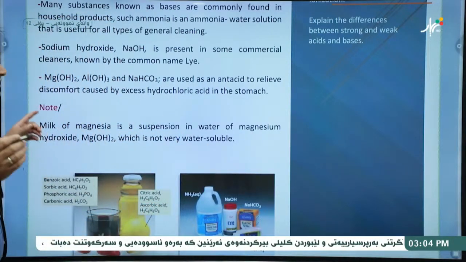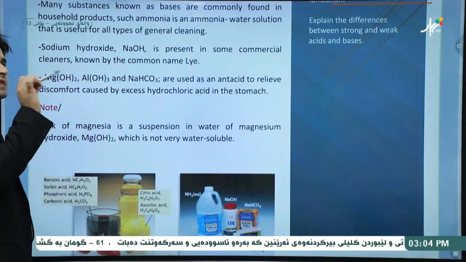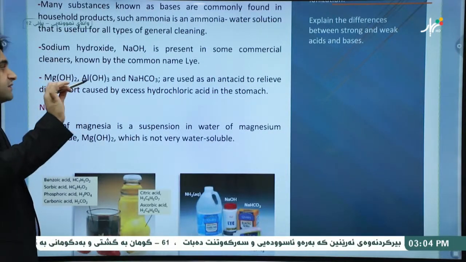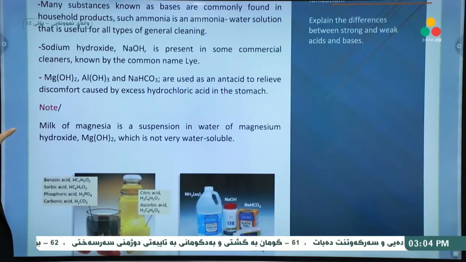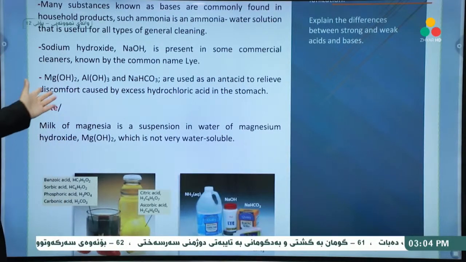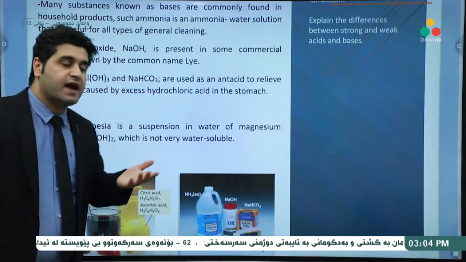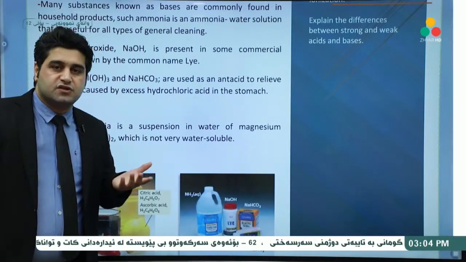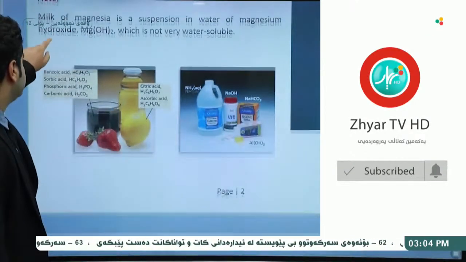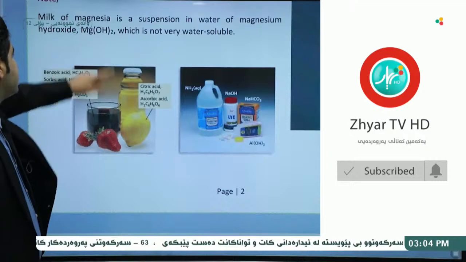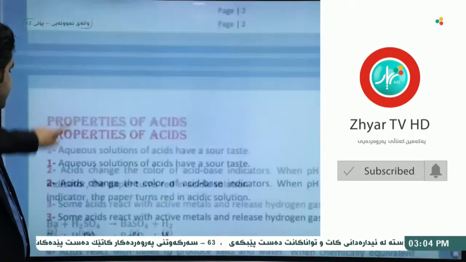The ingredients of that medicine are magnesium hydroxide, aluminum hydroxide, or NaHCO3. So they are bases and they react with the excess HCl in your stomach, so you will feel comfortable. Milk of magnesia is Mg(OH)2, as I said.